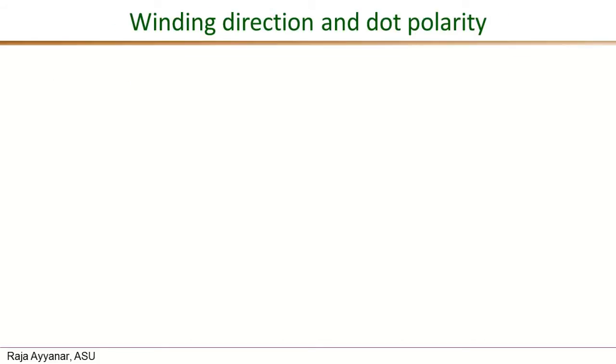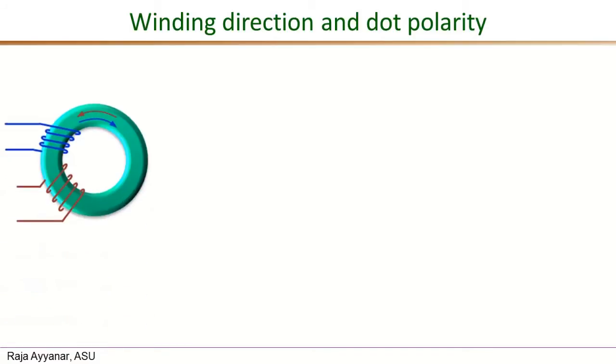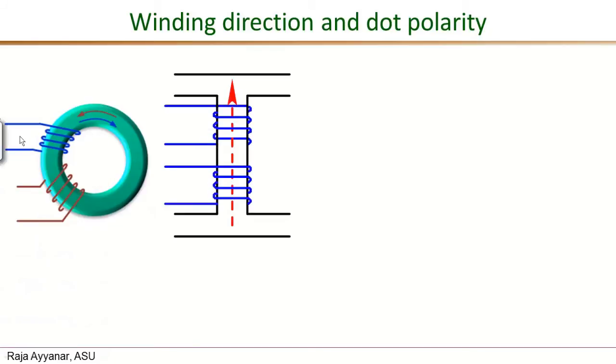So that brings us to the discussion on the dot polarity. Now we have seen that the sense of winding direction matters a lot in the operation of a power converter. But in a circuit schematic of a power converter, we do not represent the magnetic components with this level of detail. We don't show the toroidal or the EE core and the actual windings with the winding directions.